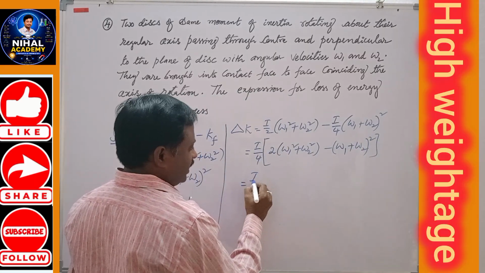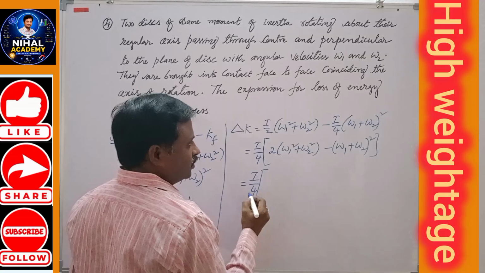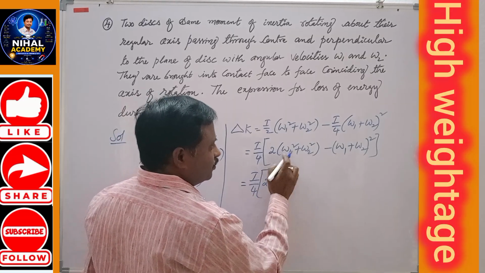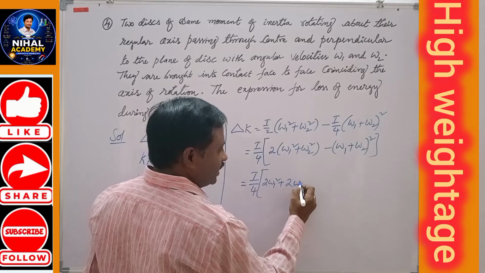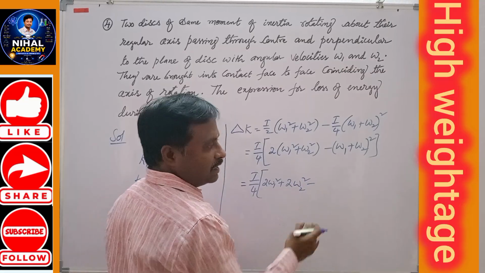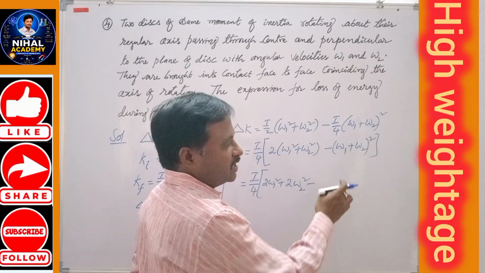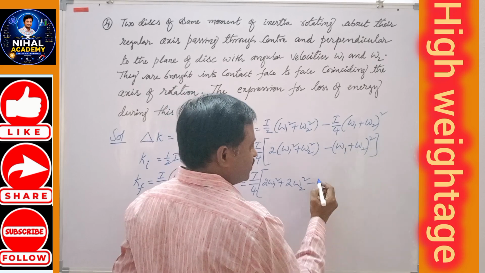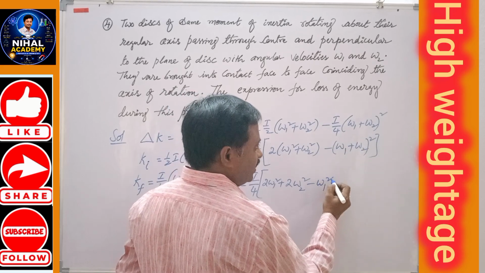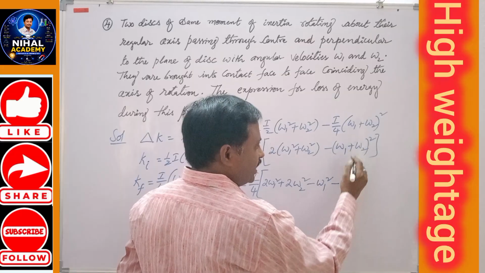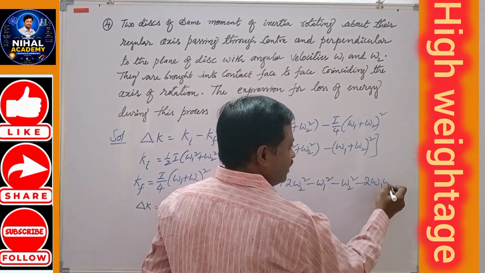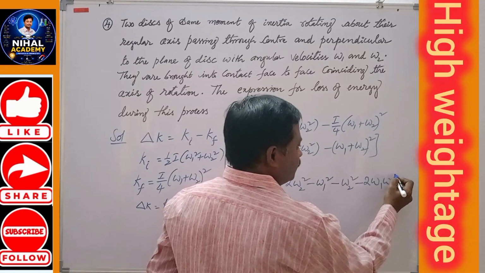Now we will simplify I by 4 into 2 omega 1 square plus 2 omega 2 square minus (a plus b) whole square expansion, which is a square plus b square plus 2ab. So a square means omega 1 square, so minus omega 1 square, next minus omega 2 square, minus 2 omega 1 omega 2.